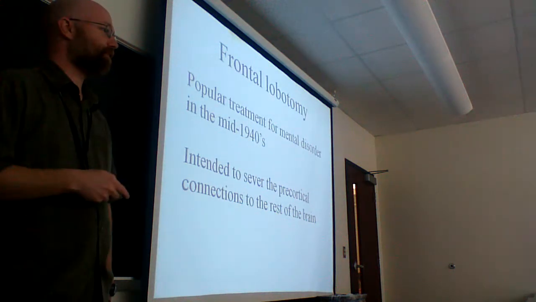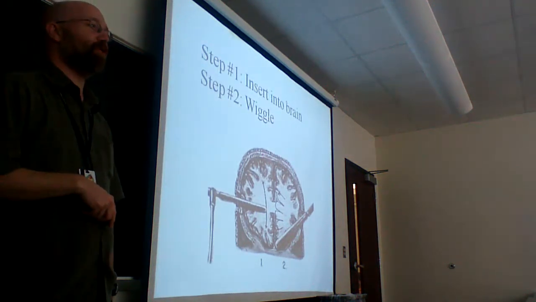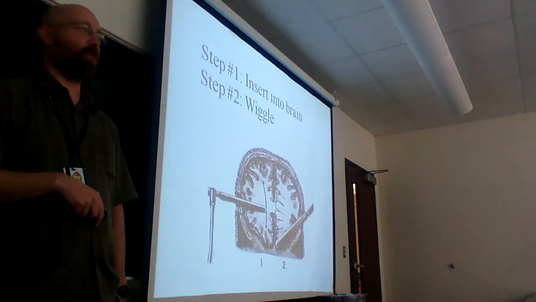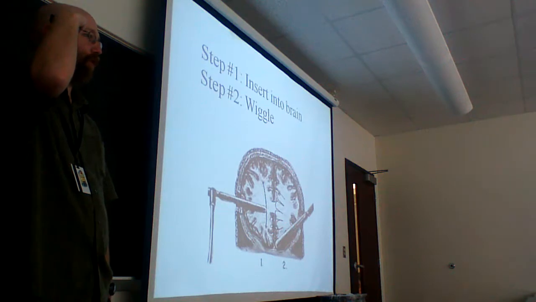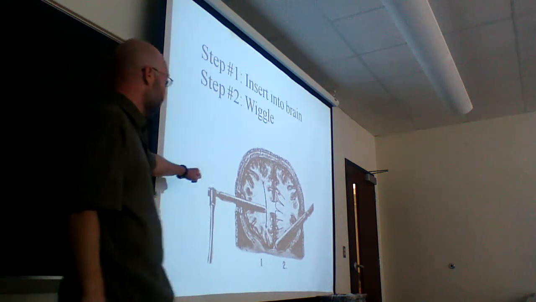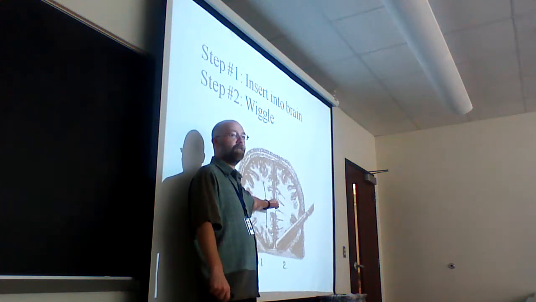So, that's how you do it. That's from an instruction manual for how to perform a frontal lobotomy. You bore a hole in the side of the bone. You take a metal rod and you jam it into the brain.